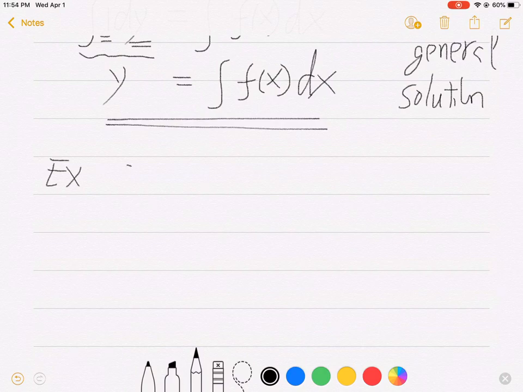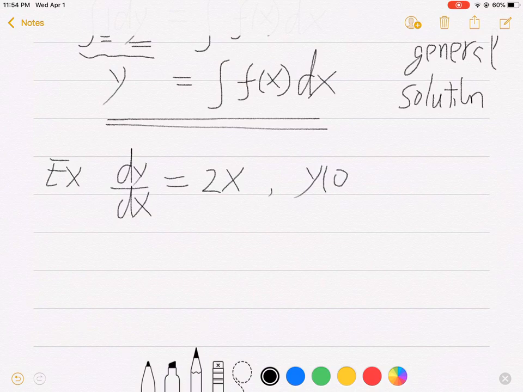We have dy over dx equal to 2x, and we add another condition: when x equals 0, y equals 1.